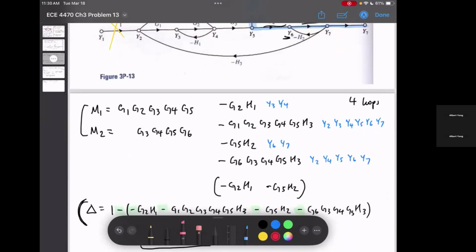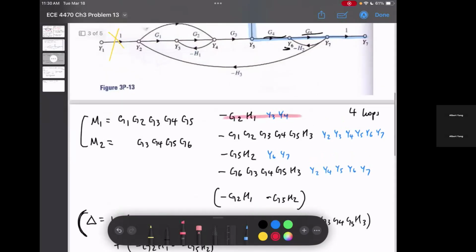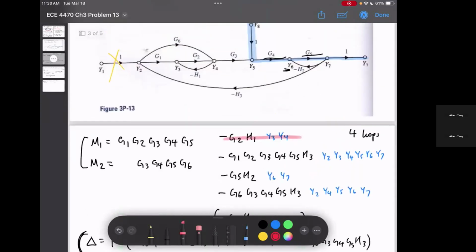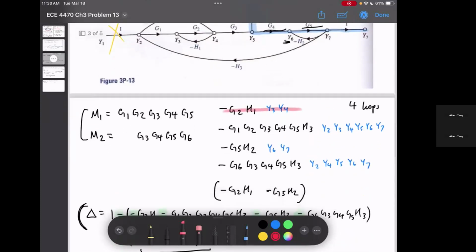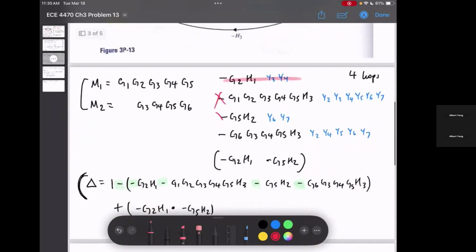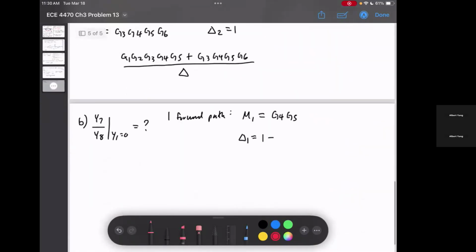Looks like that would be just this one. y3, y4, and that one's okay, because we're removing y5, y6, and y7. So then we look at the next one. This one has y5, y6, and y7, so this one we wouldn't be able to use. And then the same for the last three. So negative g2h1 is the only one that we have. So it'd be like this.